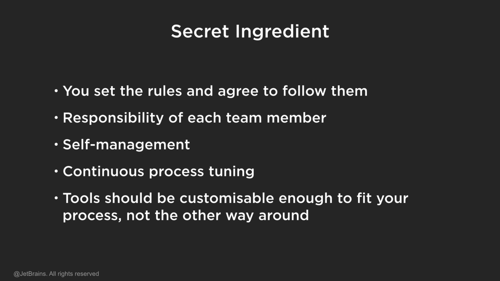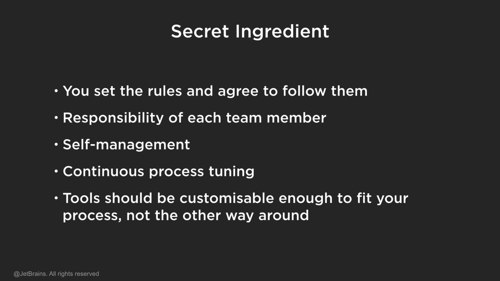There are always things that work well for you, and there's always something that needs to be changed or improved. So you can stop doing something and try new things, or improve the things that are working for you. And this is a continuous and non-stop process. So be ready for that.